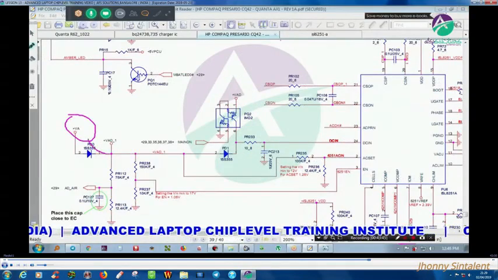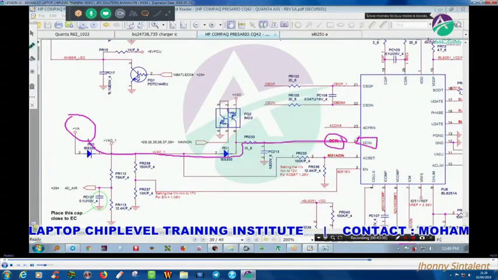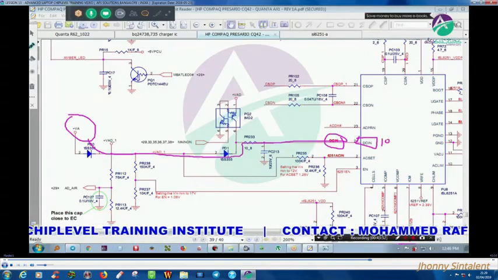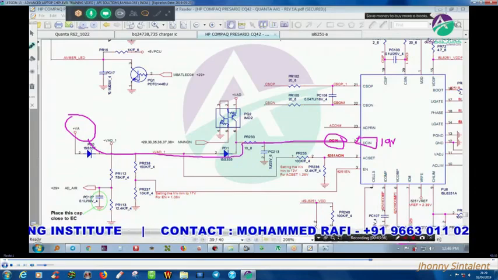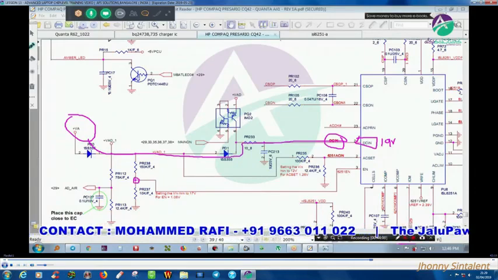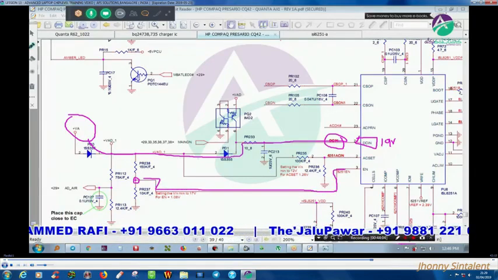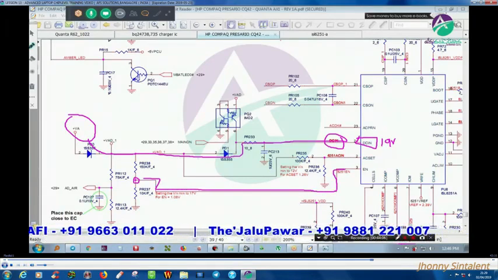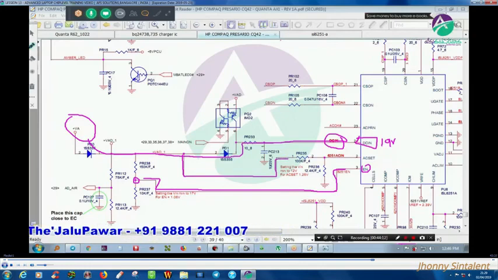As you all know, VA means voltage coming from the adapter. This is going here. So you can see DC in. It is my 19 volt. So if my 19 volts is coming, I need a confirmation that the adapter is present. So this is my voltage divider circuit which is coming from the VIN. This is an enable to start the IC. Here you have a voltage divider. You can see the voltage divider, AC set.